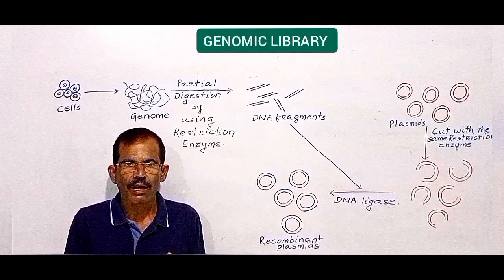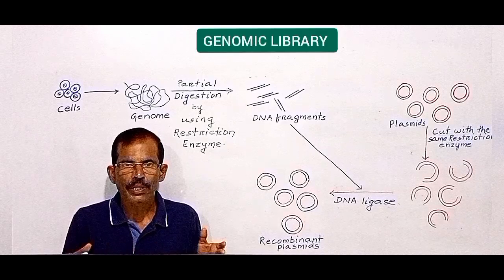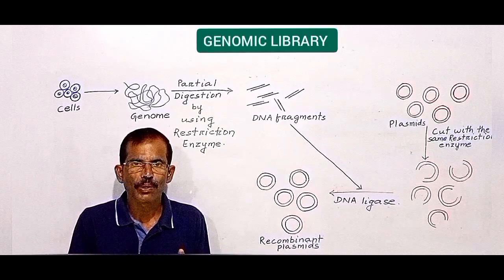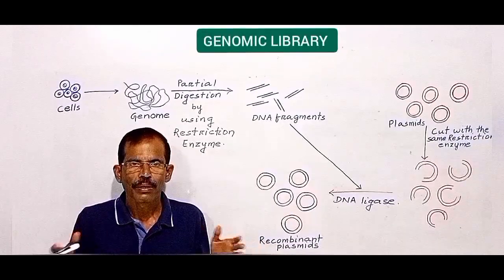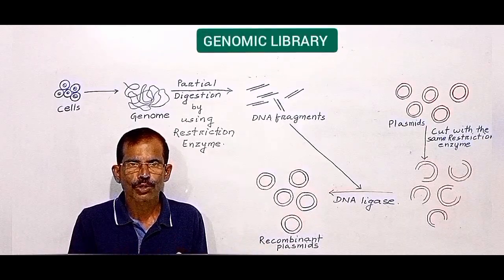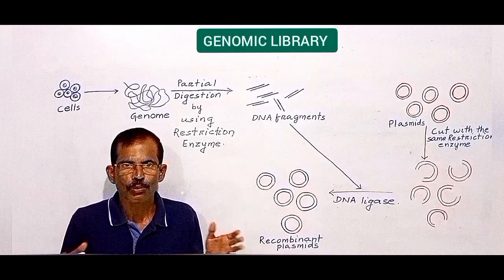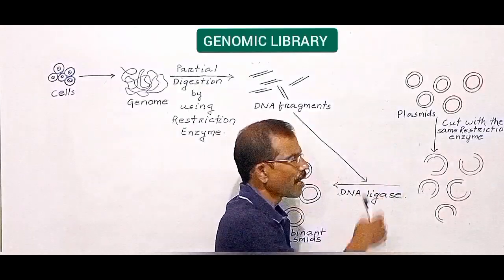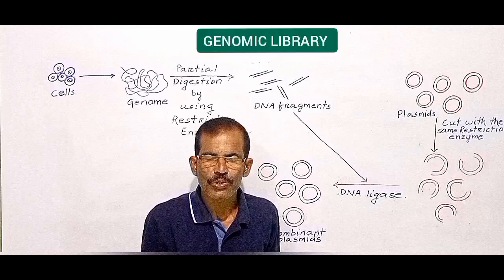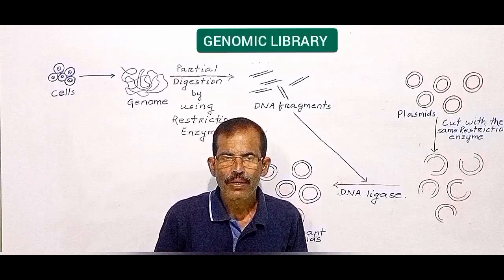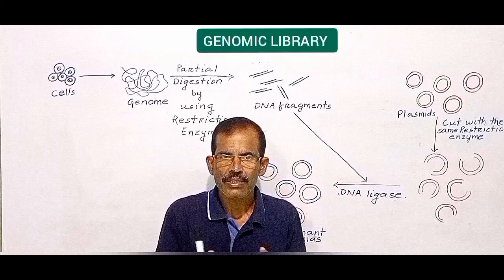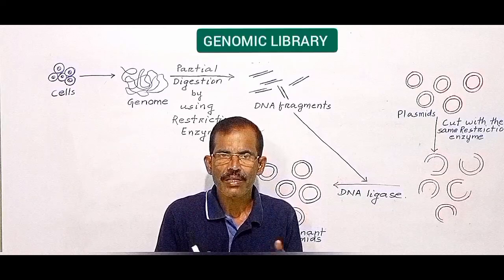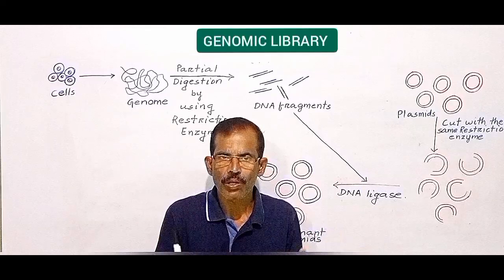These vectors are plasmid, phage lambda, cosmid, bacteriophage P1 vector, P1 artificial chromosome, bacterial artificial chromosome and yeast artificial chromosome. In this example, plasmids are used as the cloning vector. What is plasmid? Plasmids are small extrachromosomal and circular double-stranded DNA molecules.